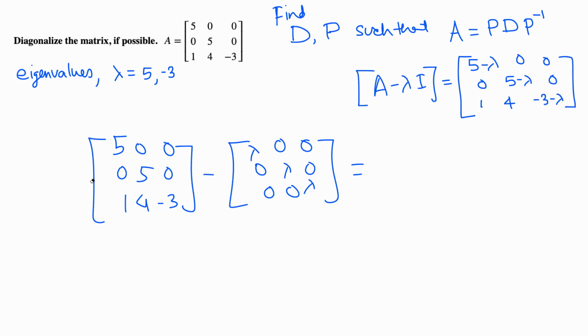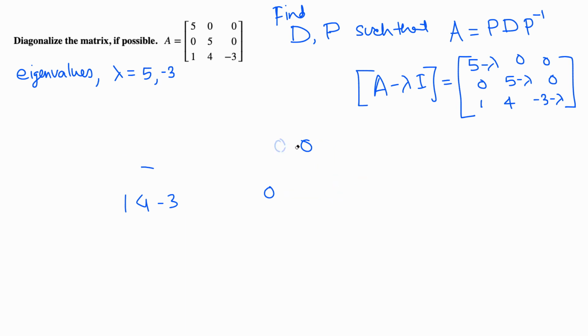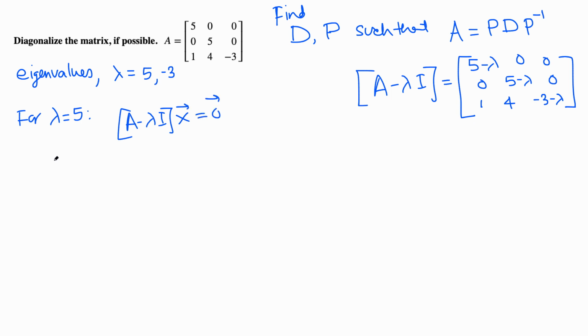Okay, so we have this A minus lambda I. Now we take lambda equals 5 and lambda equals negative 3. First, for lambda equals 5, we are trying to find the corresponding eigenvector, V or X, it doesn't matter, such that A minus lambda I times it equals 0.